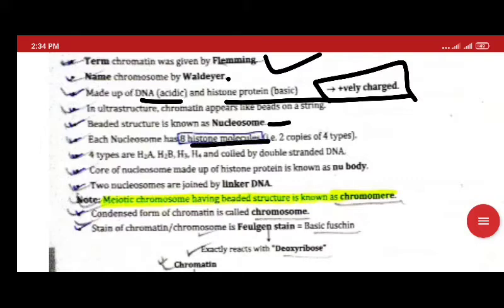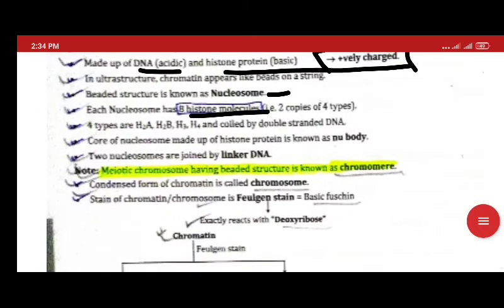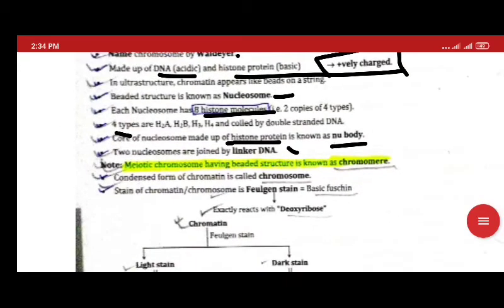In a nucleosome there are 8 histone molecules of 4 types, and the core body made up of histone protein is known as the nu body. Two nucleosomes are joined by linker DNA.